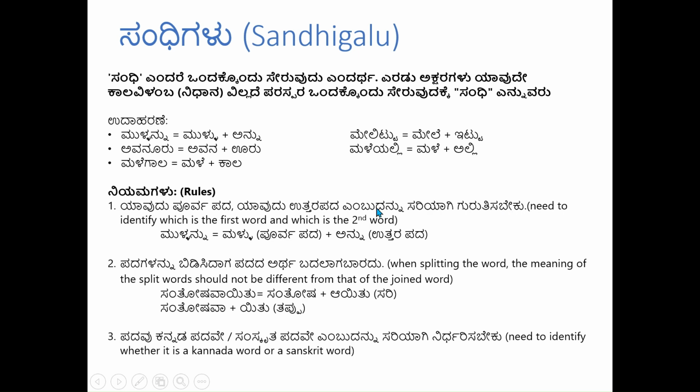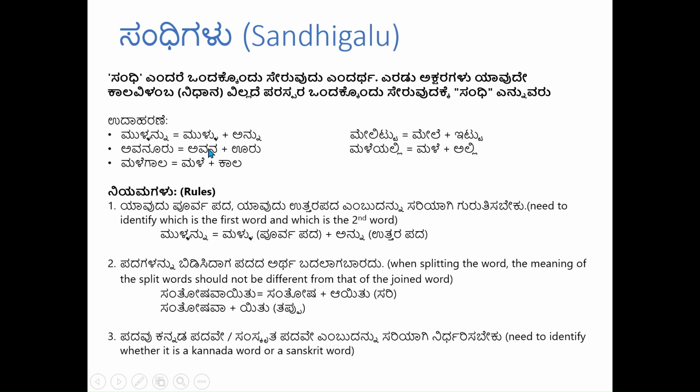So you need to identify which are the two words that are forming this word that we are looking at. So you need to identify correctly. Like let's look at avanuru. So Avana plus Uru, you need to identify that this is the way it has to be split.